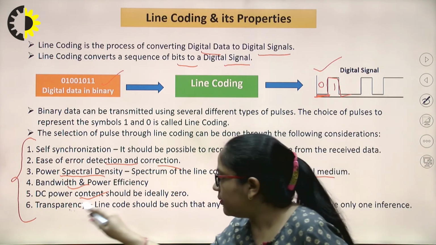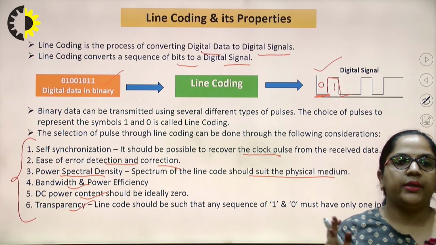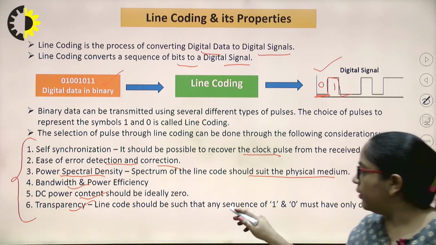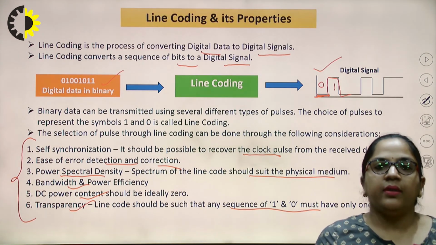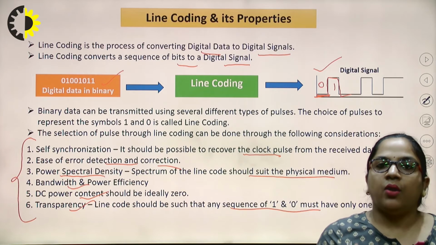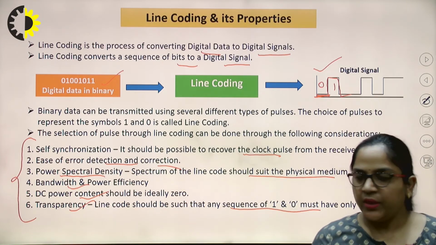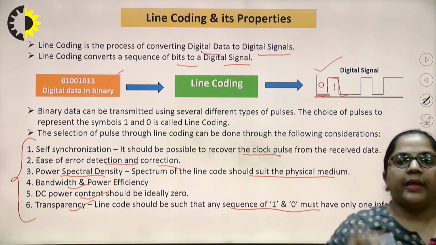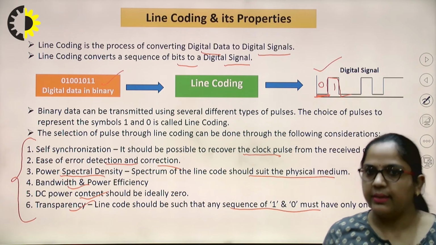And the next is transparency. That means line coded data should be in such a way that any long sequence of ones and zeros must have only one interpretation. It should be capable of identifying or separating a long sequence of ones and zeros. So we can keep all these points in mind while selecting a line coding technique for converting digital data into digital signals.